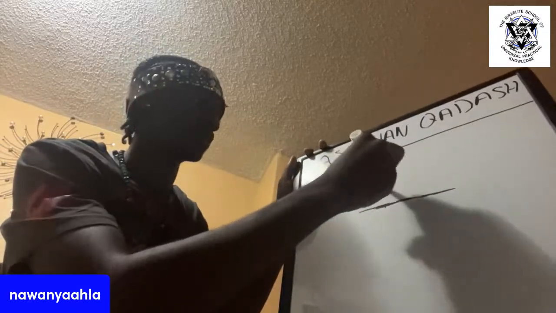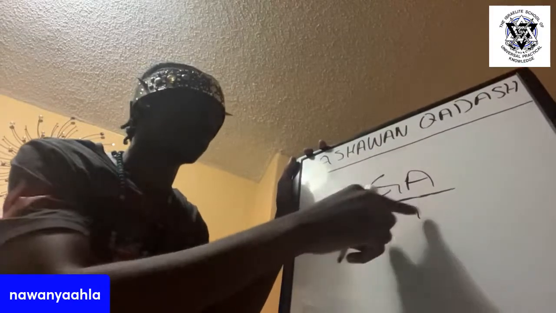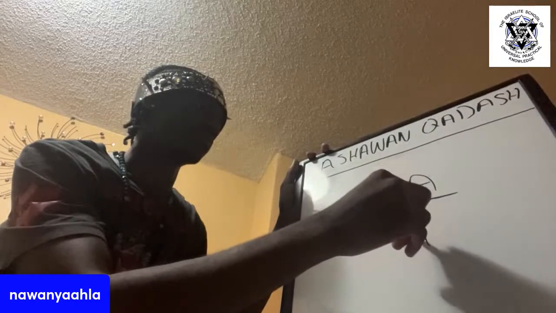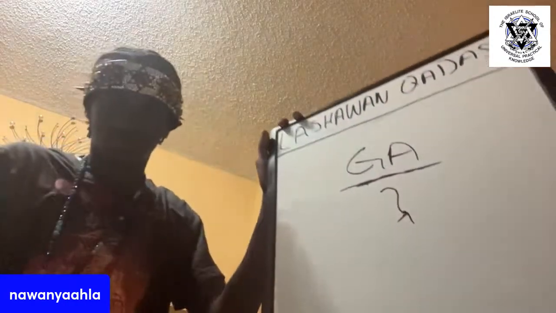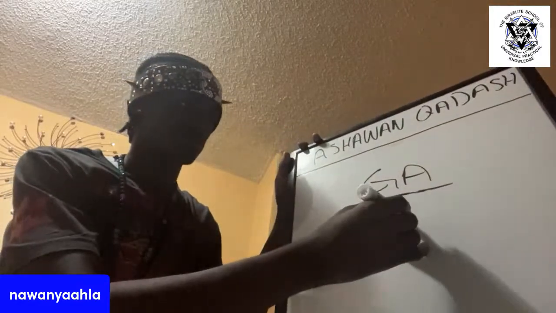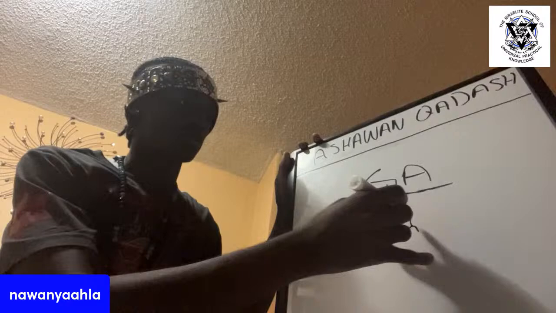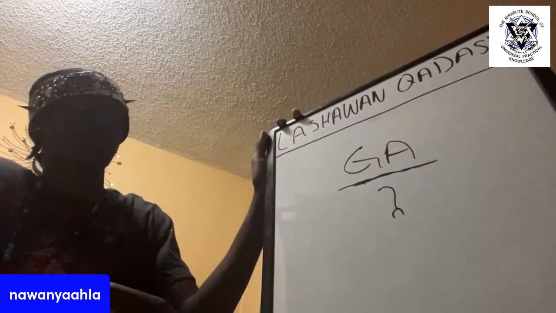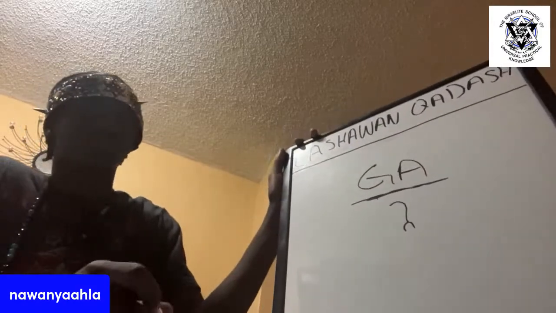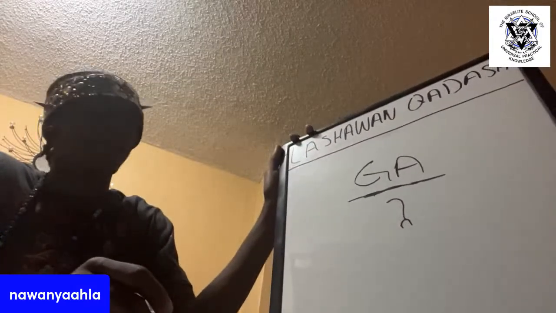Next up, we got the Ga. Got the Ga. In the Assyrian Hebrew this time, not the Paleo. The Assyrian. That's the Ga.